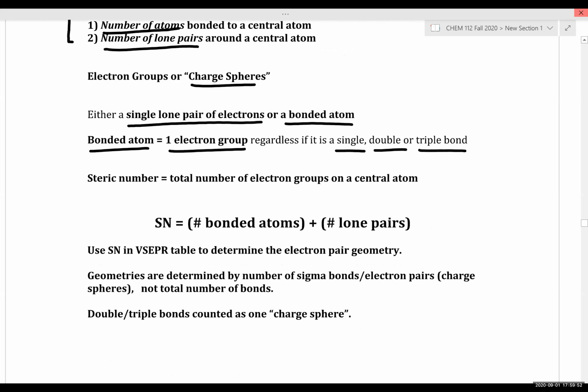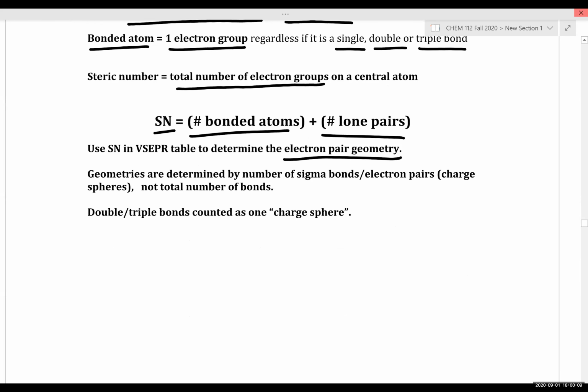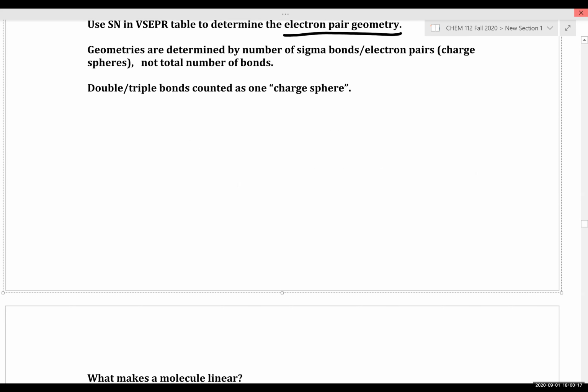We can use the steric number, which is the total number of electron groups, in other words, the number of bonded atoms plus the number of lone pairs, and we can in turn determine the electron pair geometry. Okay. We've done this before, and we've discussed electron pair geometries earlier on in this chapter.